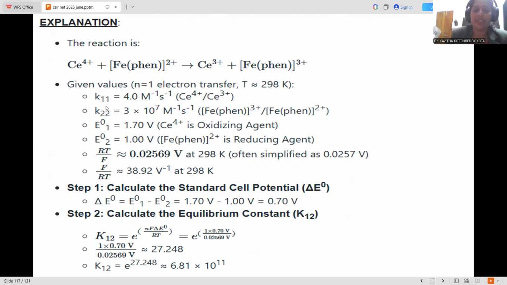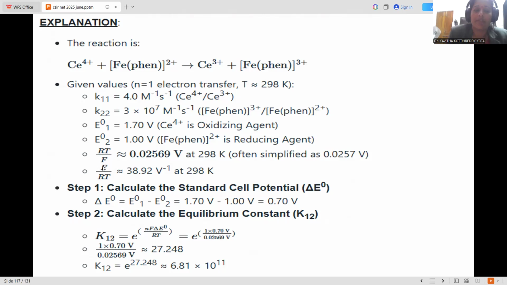K11 self-exchange for cerium was given as 4.0, and K22 is given as 3 into 10 to the power 7, for the iron phenanthrene +3/+2 self-exchange. The standard electrode potential of cerium is given as 1.70, and that of the iron phenanthrene was given as 1.00 volts.